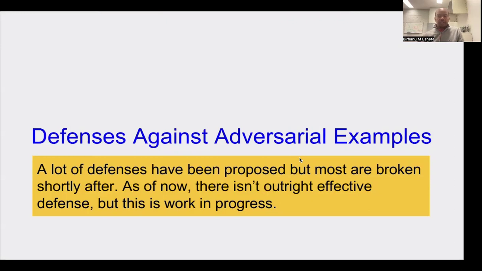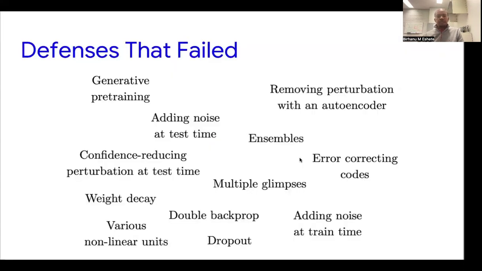As we speak, there isn't an outright best defense that we can pick, but this remains work in progress. So this is a slide from Ian Goodfellow, who was the guy who introduced the fast gradient sign method and other follow-up techniques around adversarial examples. This slide summarizes all the techniques that have been tried as defenses against adversarial examples and eventually failed.